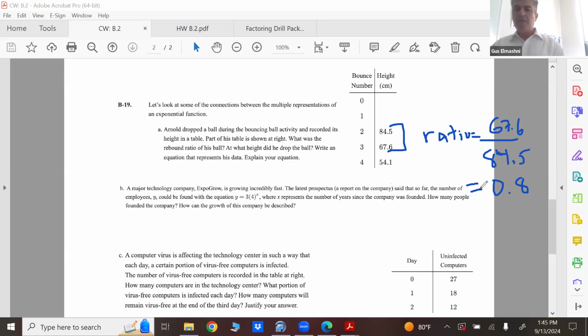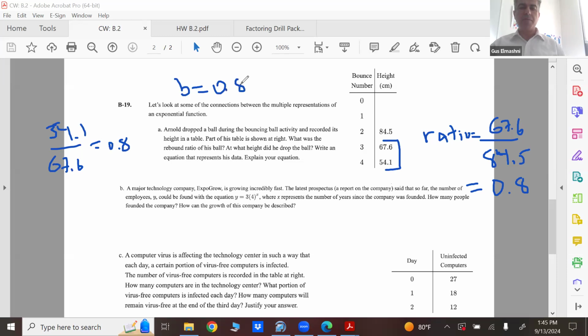It'd be 0.64 if you multiply 0.8 by 0.8. But what I'm asking is what if you compare the next two points? You still get 0.8. It's still the same thing. That's the B value, guys.